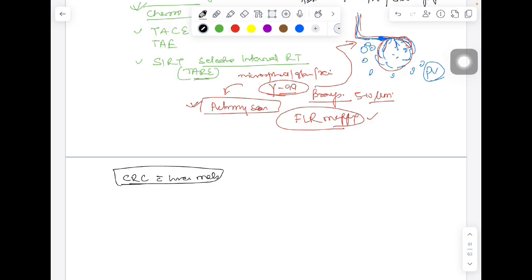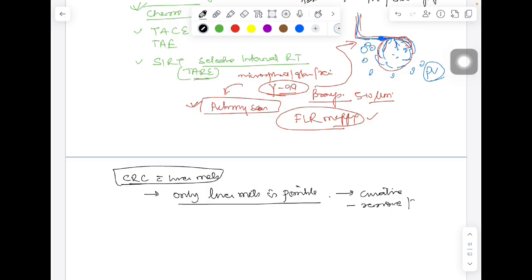Colorectal has a peculiar thing, only liver mets is possible. So it's possible that the patient has colorectal cancer with oligomets involving only the liver. Then the intent is curative.